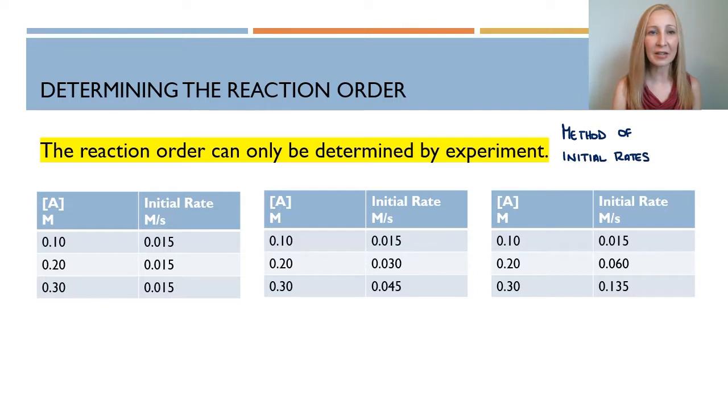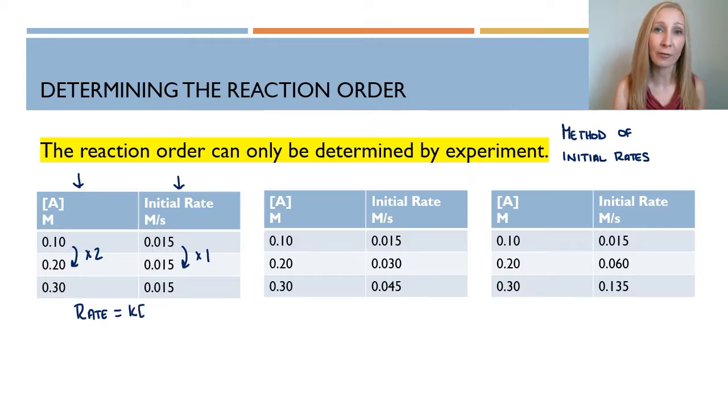What happens there is that the initial rate in molarity per second doesn't change. So we've increased the concentration, and nothing has happened to the rate. This shows us that the reaction order is 0 and that the rate law for this reaction is K times the concentration to the power of 0.